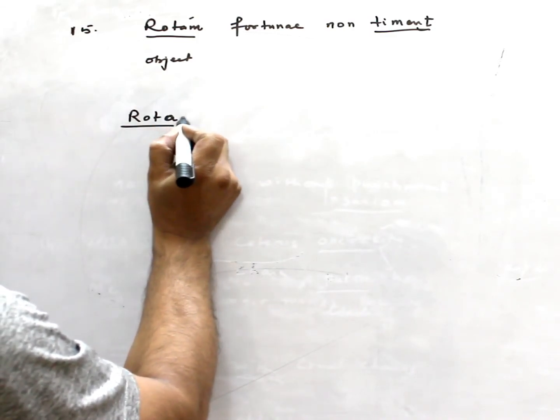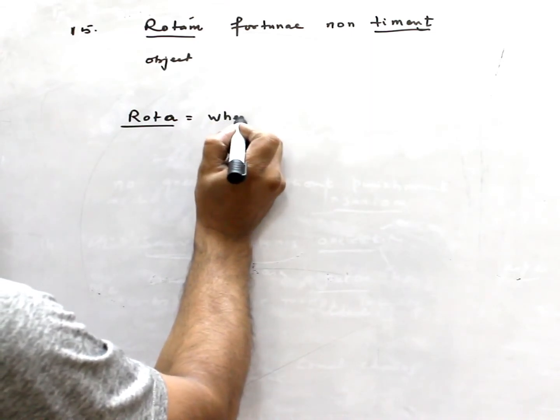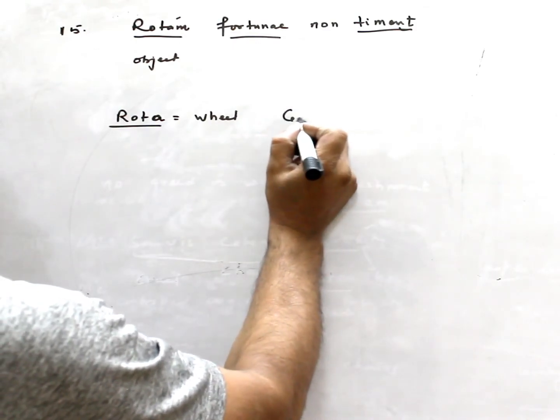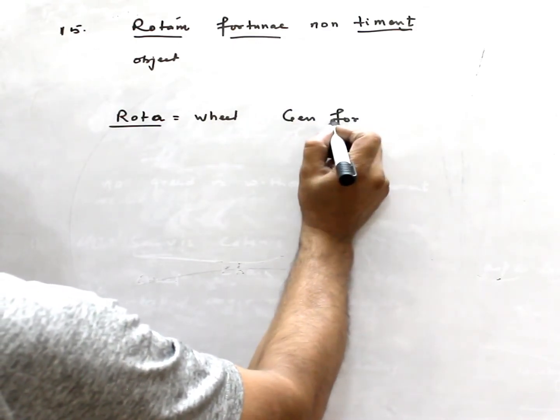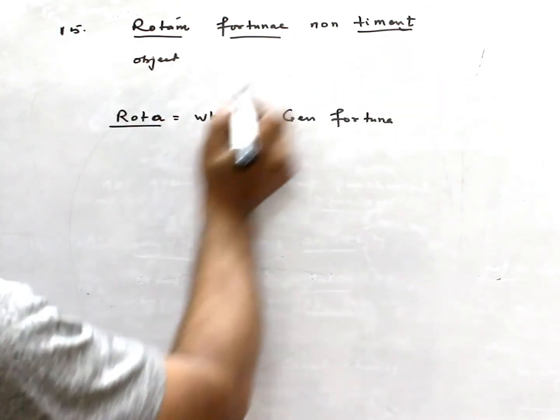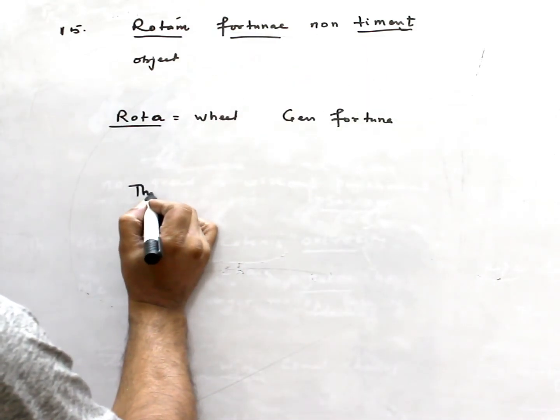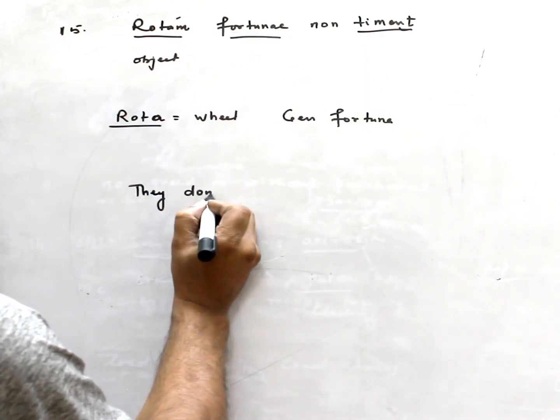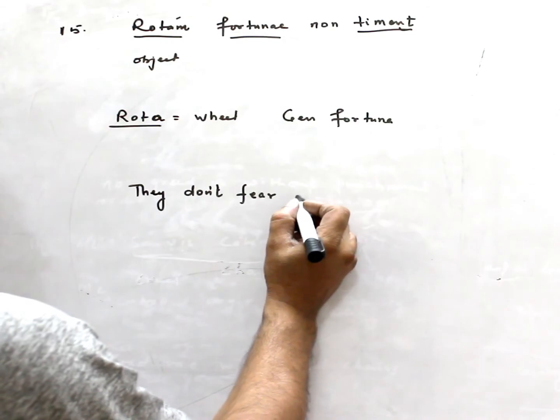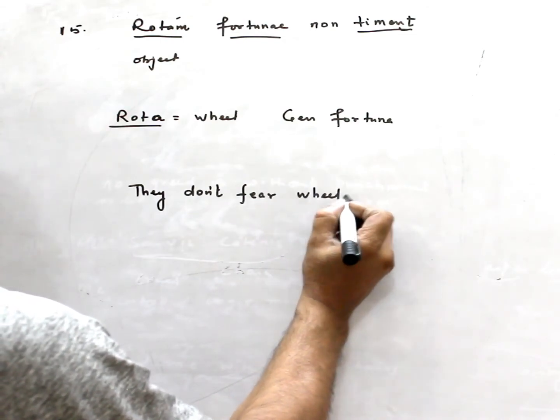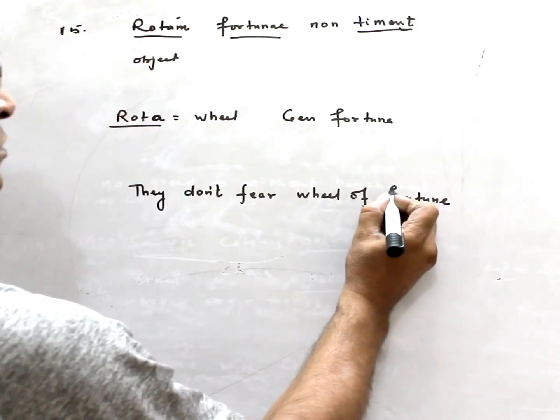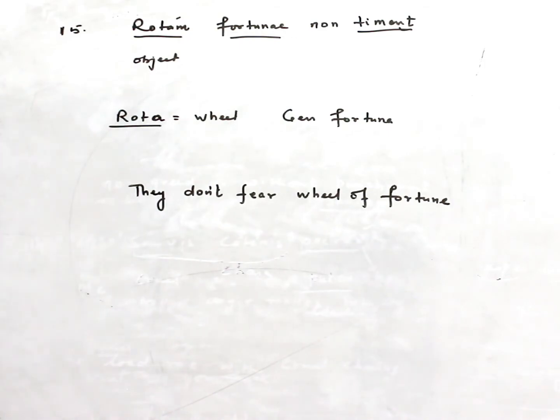Objective of rota, this means wheel, and this is genitive of fortuna. Genitive of fortuna. So non is not. They don't fear the wheel of fortune. Wheel of fortune.